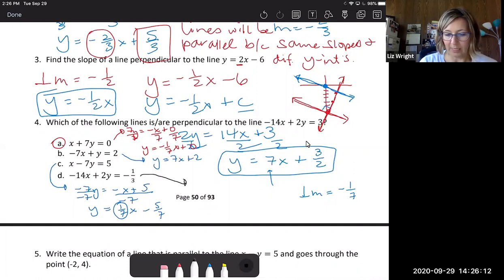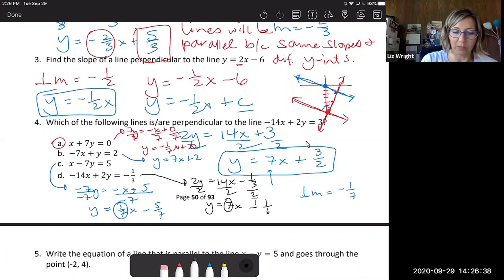I'm going to say 2y equals 14x minus 1/3. And you can probably already tell that as we are dividing that, it is not going to be negative 1/7. It's going to be 7x. And then you would multiply by the reciprocal for your y-intercept, and it's going to be negative 1/6 for that. But that slope isn't the opposite reciprocal either. So the only answer that we're going to get is letter A for that one.